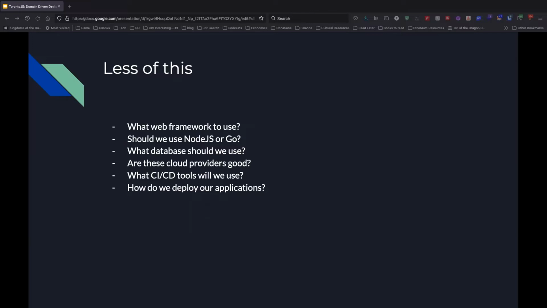And so it's very important when doing domain-driven design to separate out technical considerations from business considerations as much as possible, and really focus on the business considerations to drive your software design, rather than technical considerations driving your software design, which I think a lot of the time we are driven by.